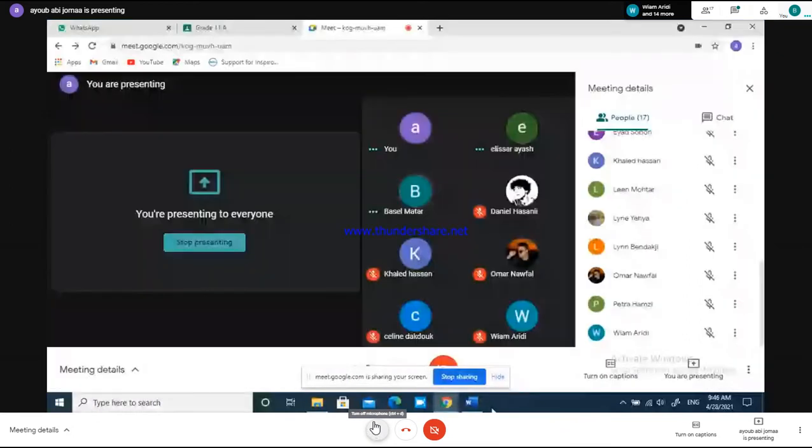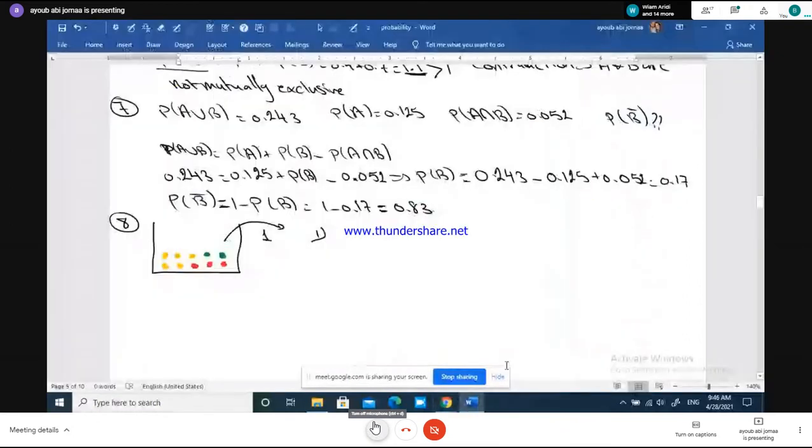No sir, you have this jar with the number of marbles that you see in front of you. The question: if you select a marble, what is the probability that this selected marble is red? The probability of red.